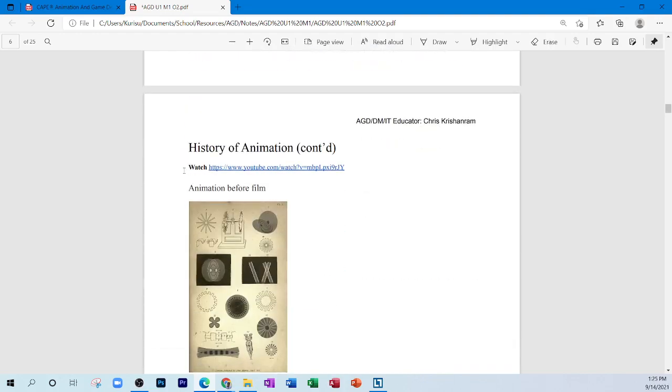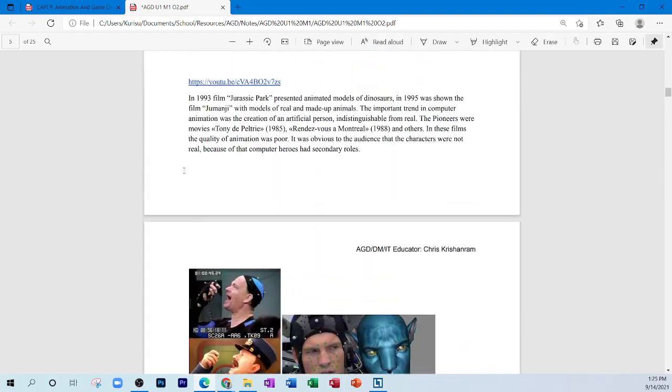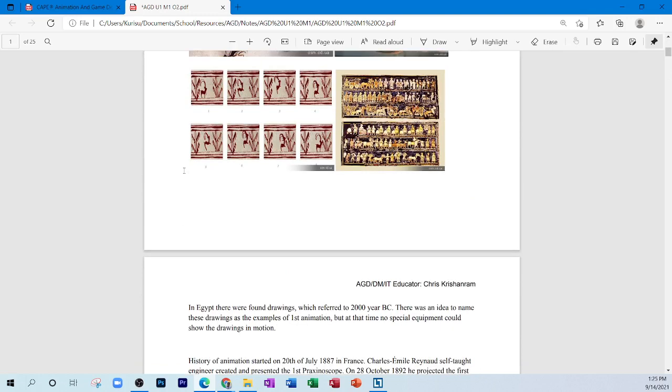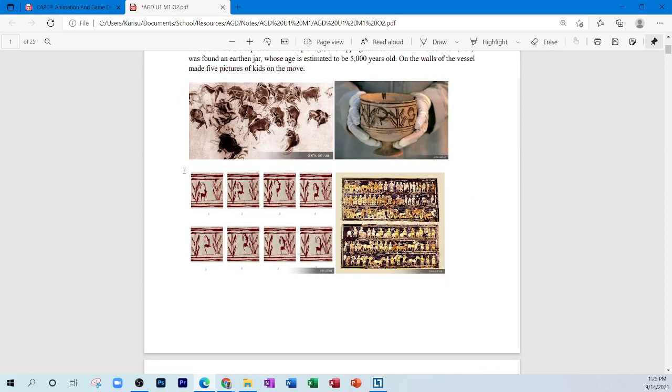Yeah, we're getting there. So basically, what we looked at so far is how animation has evolved. We started with drawings in the past. They drew one image after each other, but it wasn't animation because there was nothing causing motion.